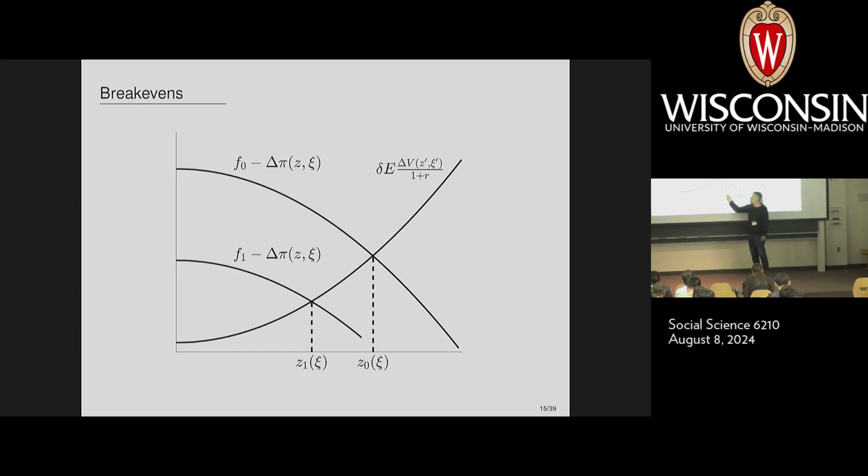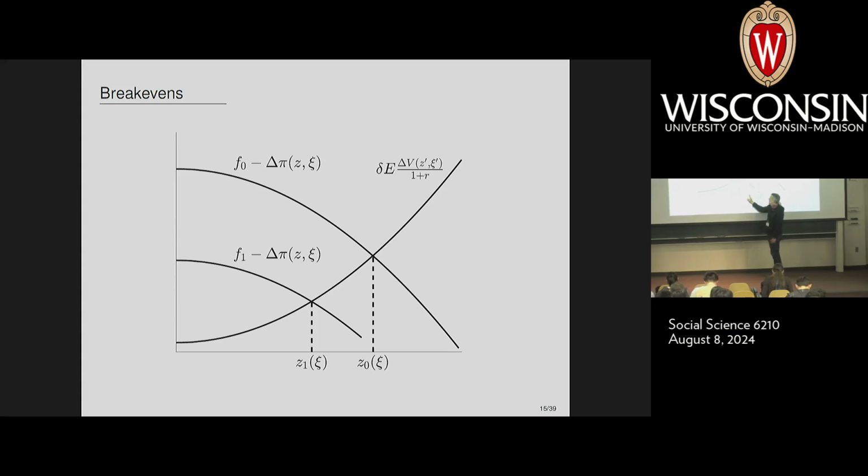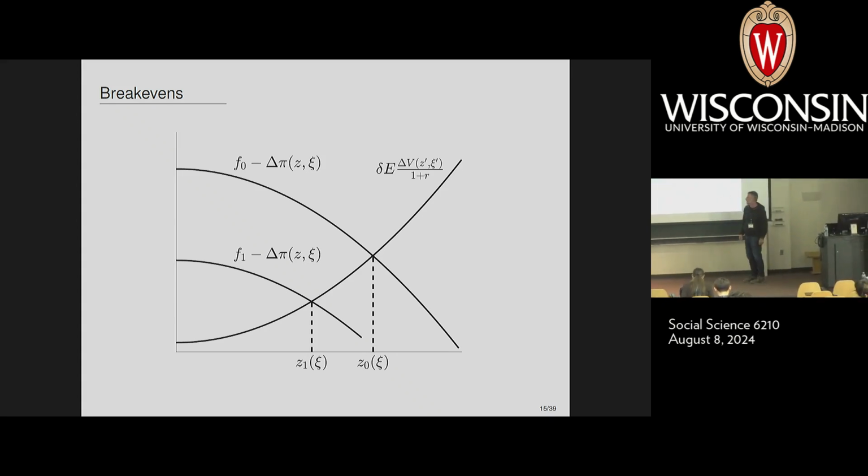And this area in between is the band of inaction. If I've already exported in the past, I'm exporting today. But if I haven't exported in the past, I'm not exporting today. This is history dependent. I can see two firms with the same level of technology in here, and it's just history dependent on whether I observe them being exporters today or not.